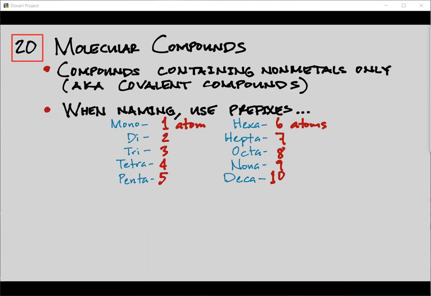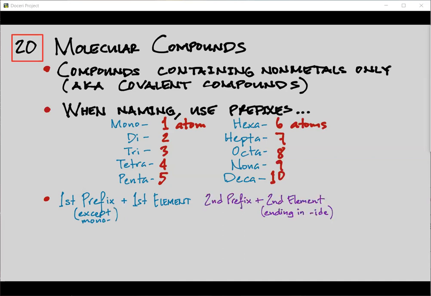Of course, you can go further than 10, but we'll stop at deca. Whenever you're naming these molecular compounds, you would have a first prefix followed by the name of the first element. But you don't have to include mono for the first element. You can just skip that.